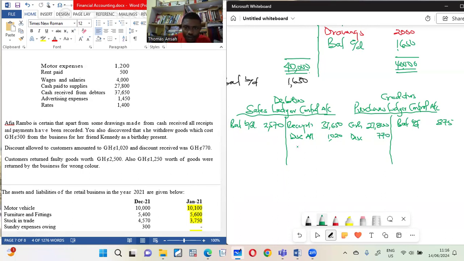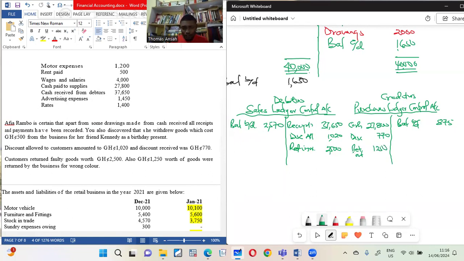Then goods return inwards. Return inwards. How much do we have here? Customer return 2,500. Then this one we also return outward. We also return how much? 1,250. So that is how you see it.